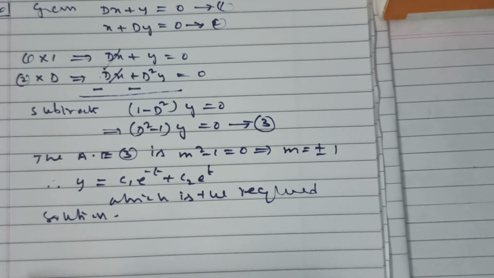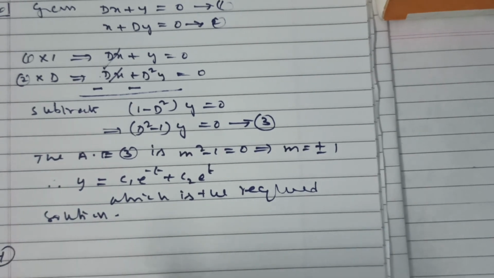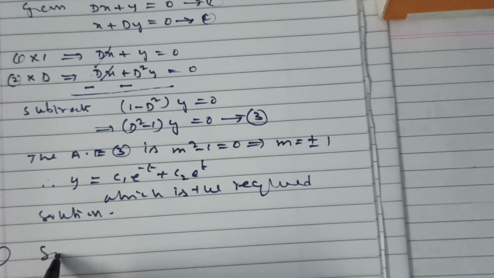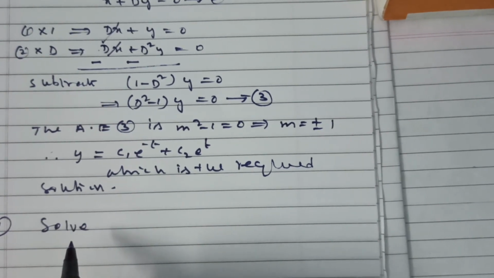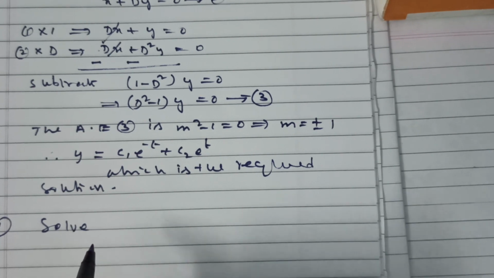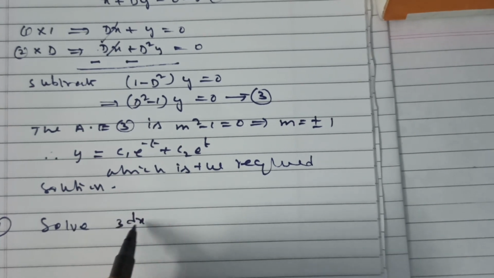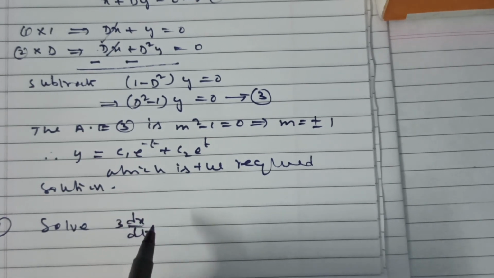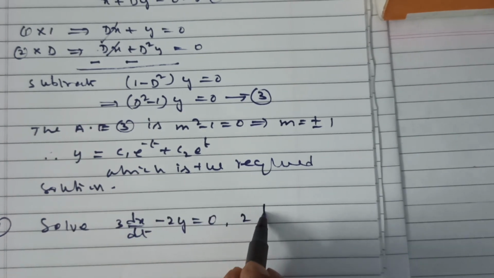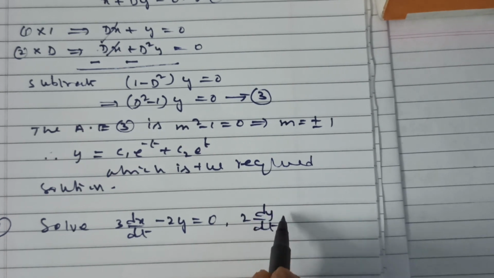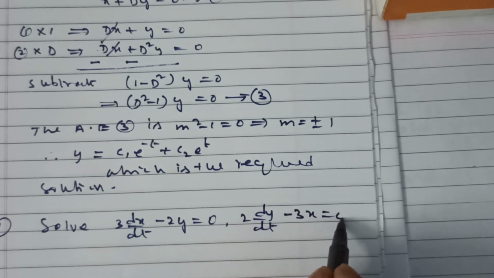Next, fourth problem. Solve 3 dx by dt minus 2y is equal to 0, comma 2 dy by dt minus 3x is equal to 0.